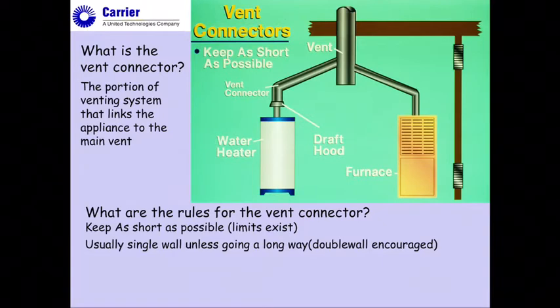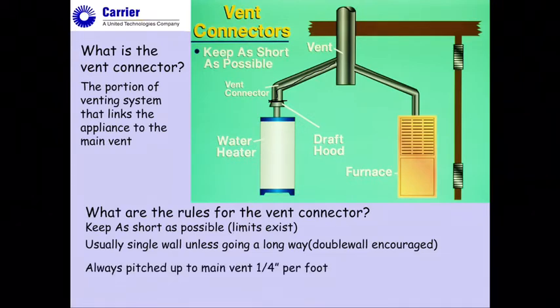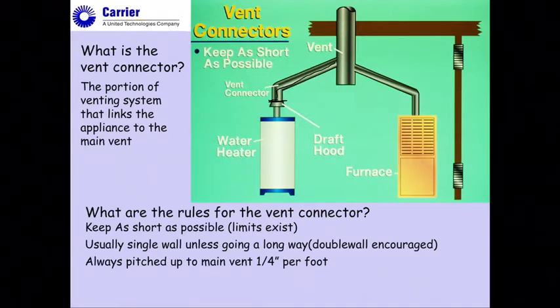There are usually ways to make it work: you can use single wall pipe, and maybe run B vent all the way out up until you reach maybe just a little stub right here. You might be able to use a short piece of single wall. So there are ways to do that to encourage proper venting, but that is what is needed.